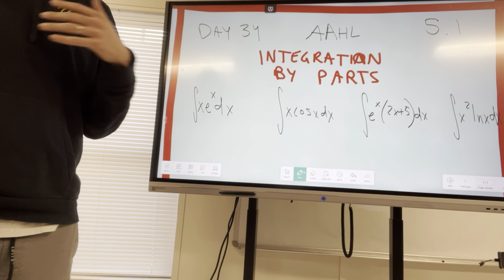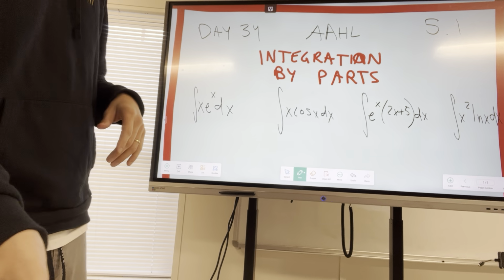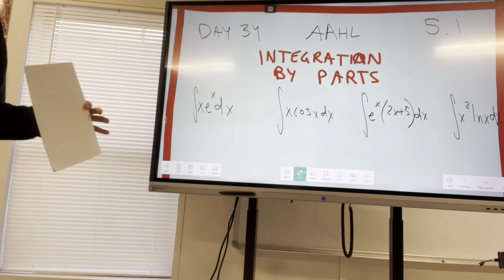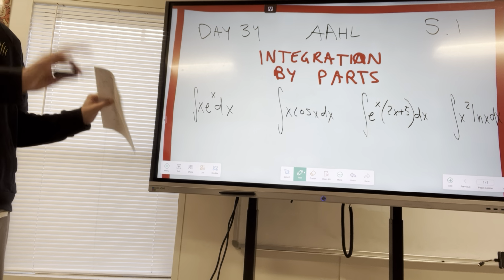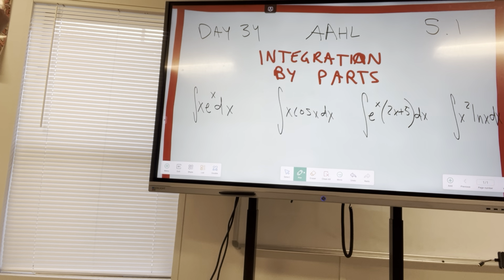A lot of times it uses tons of different methods altogether, but integration by parts is basically the key to how you make a hard question in integration, at least at the level that we're at. We're not going to be anywhere near the integration bee level, I promise you that. But check out these 4 questions that I've written on the board.